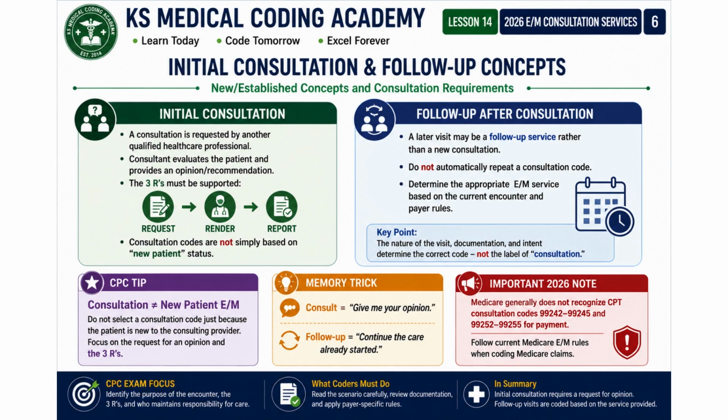An important CPC point is that a consultation should not be selected simply because the patient is new to the consulting provider. The purpose and documentation of the encounter are critical. For a later visit, do not automatically report another consultation code. Determine what service is actually being provided during that encounter and apply the appropriate payer-specific rules. Remember, consultation means, give me your opinion, while a follow-up generally means continuing or reassessing care already underway.